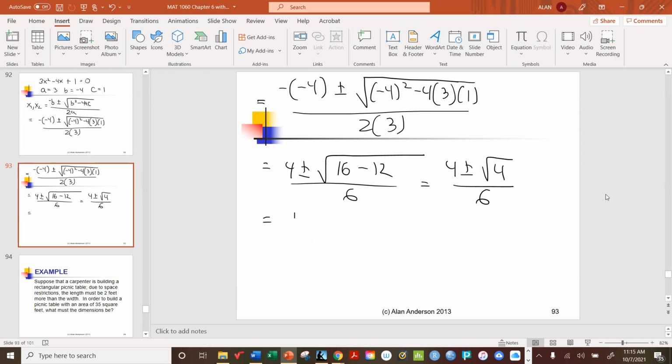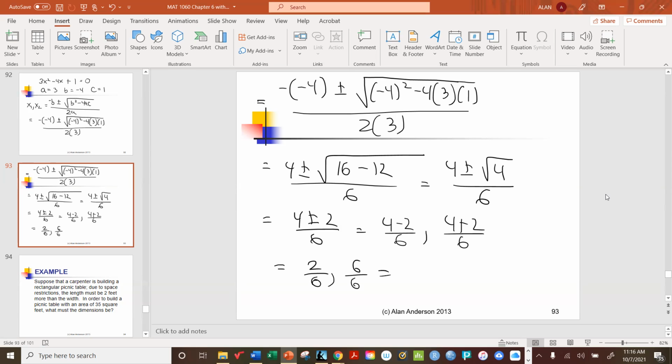Okay, so that's going to be 4 plus and minus 2 over 6, which means 4 minus 2 over 6 and 4 plus 2 over 6, which means 2 over 6 and 6 over 6, or simply 1/3 and 1. All right, well, they're not both integers, but they're pretty nice. Sometimes these can get very, very messy, and they can involve a lot of square roots.